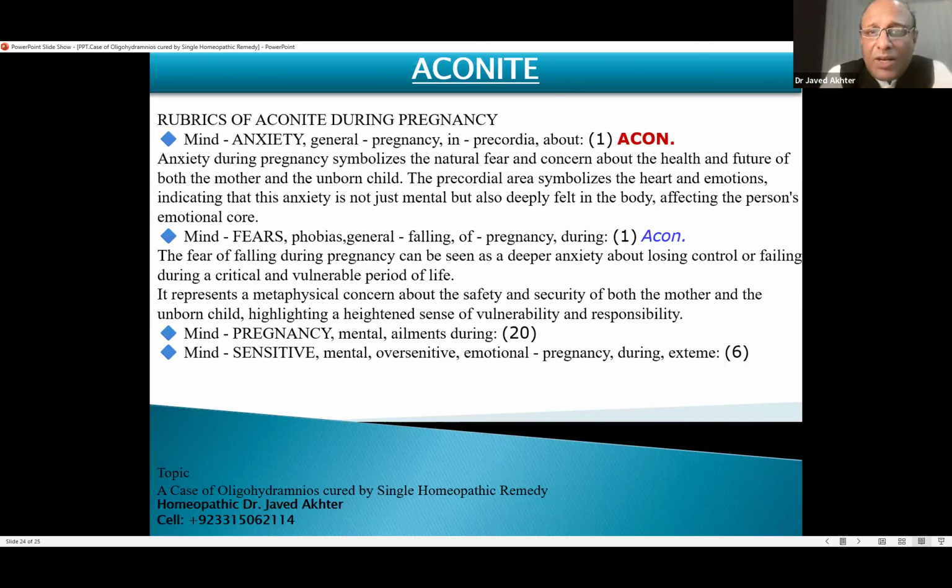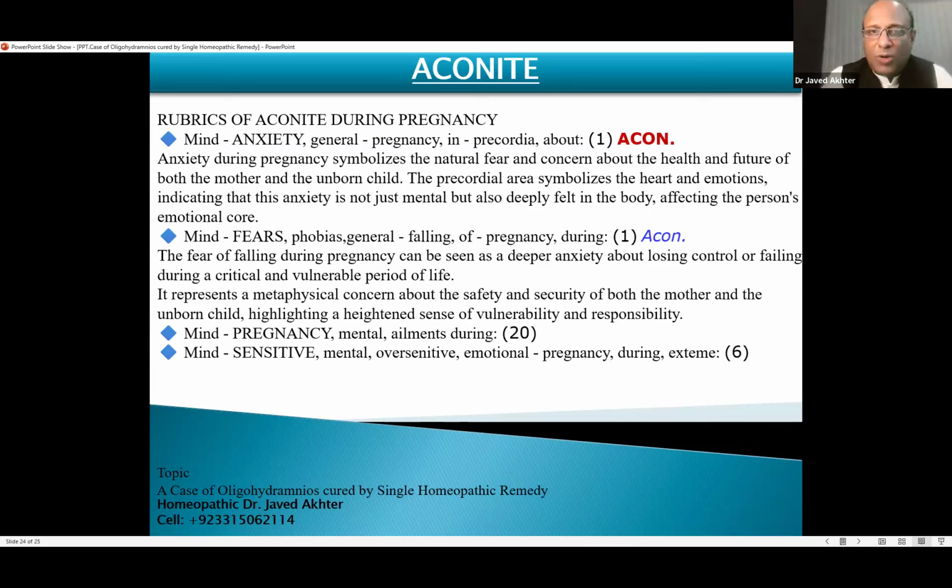The fear of falling during pregnancy can be seen as a deeper anxiety about losing control or failing during a critical, vulnerable period of life. It represents a metaphysical concern about the safety and security of both the mother and the unborn child, highlighting a heightened sense of vulnerability and responsibility.